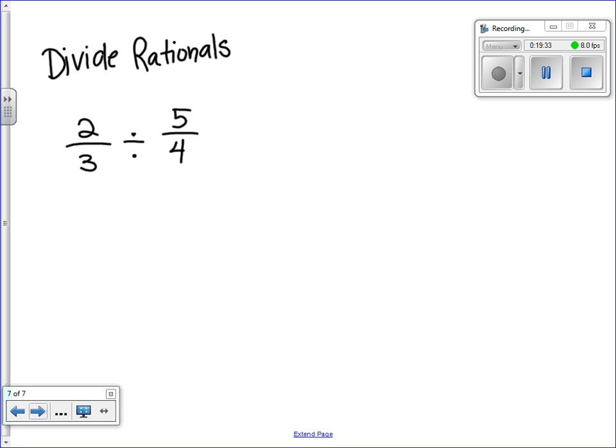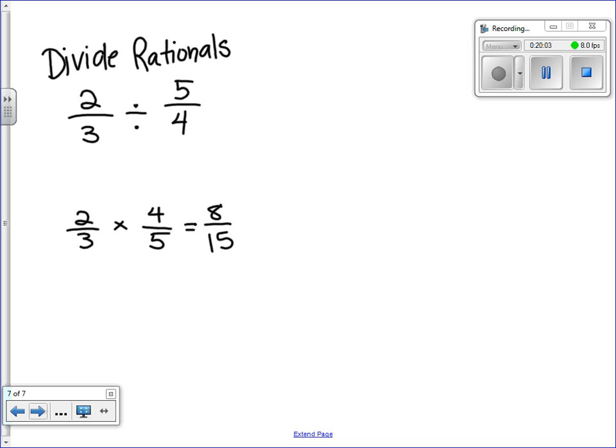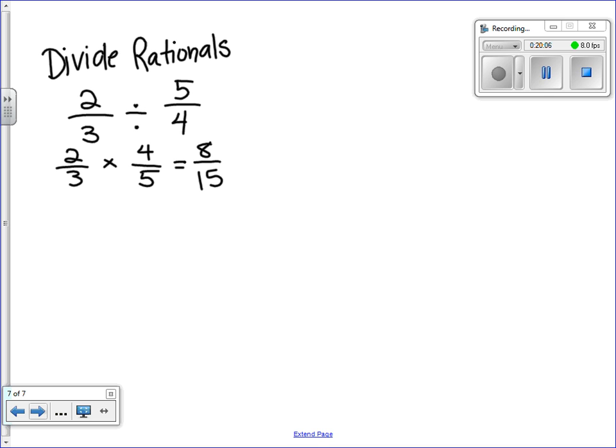Now let's take it back, way back, to like 4th and 5th grade. Do you remember how to divide fractions? Flip and multiply. 2/3 times 4/5. So you would end up with 8/15. Same thing happens with this that happens with this.